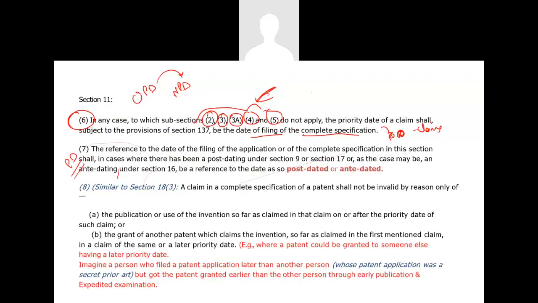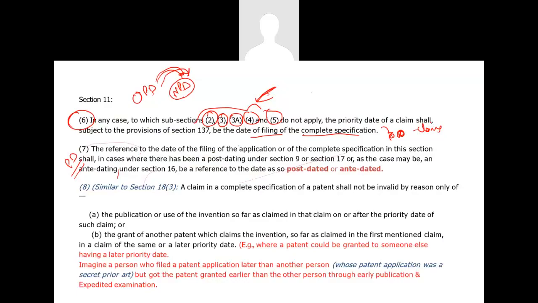When you try to shift this, move it to a later date, then the claim's priority date would be the date which has been newly post dated. The new post dated date would be the priority date.